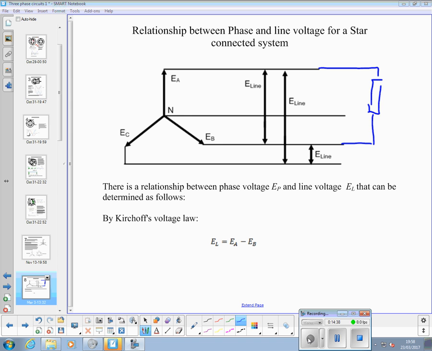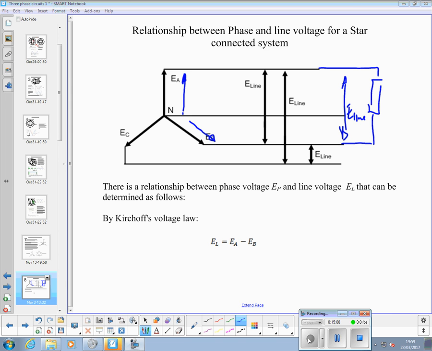EA, neutral and the line, and EB there. We've got the voltage E line.